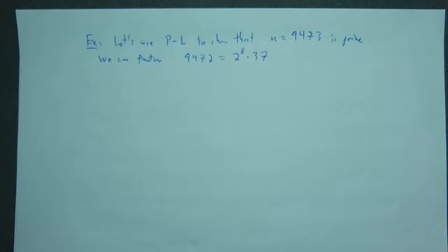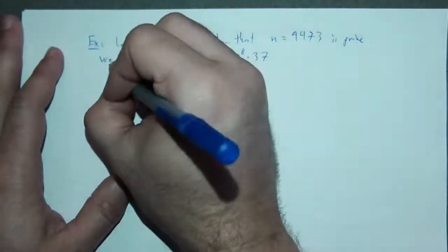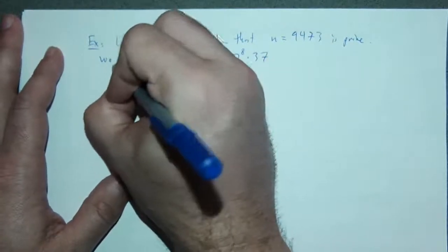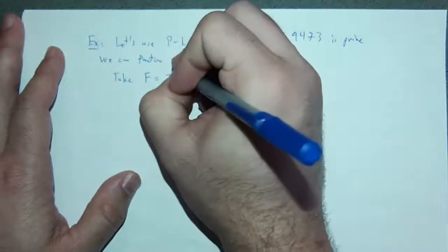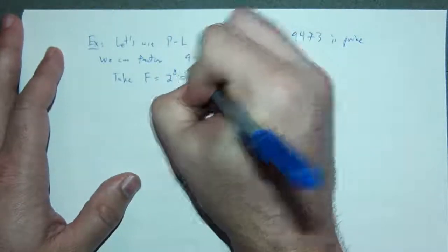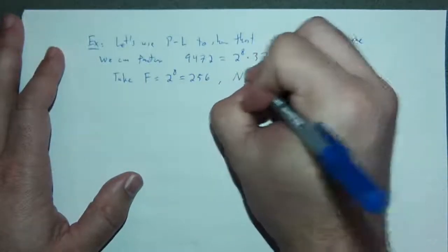All right. So we take big F to be 2 to the 8, which is 256. Big N, of course, 37.